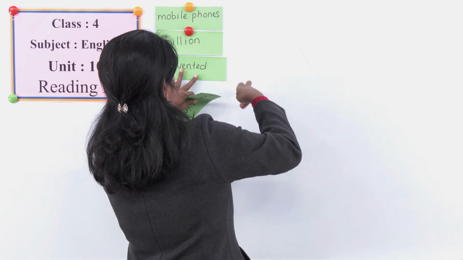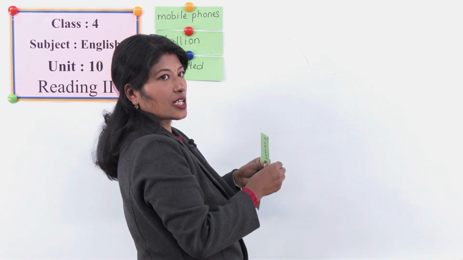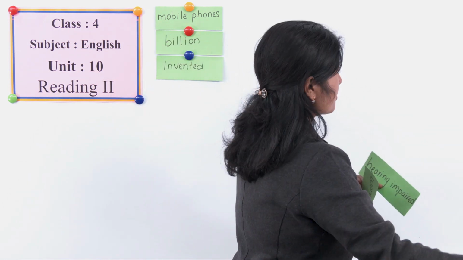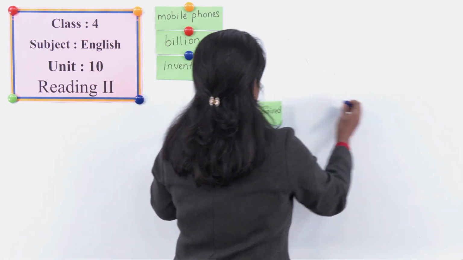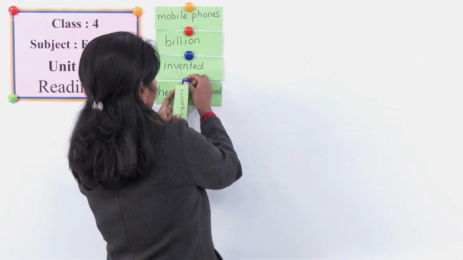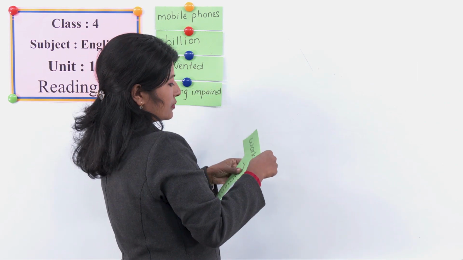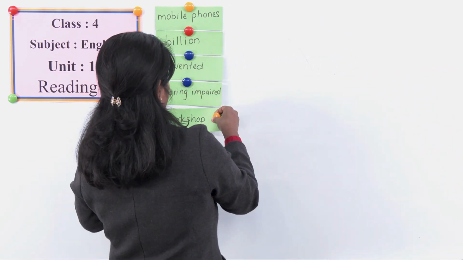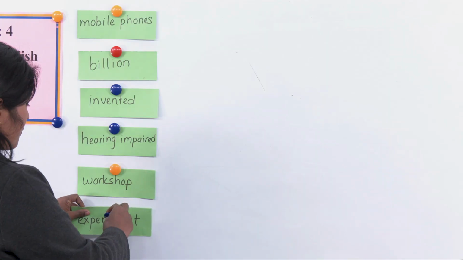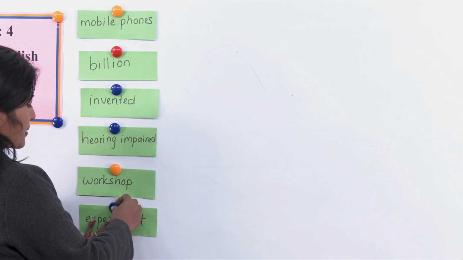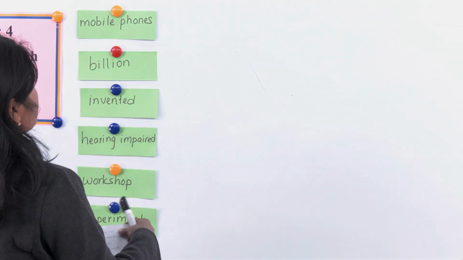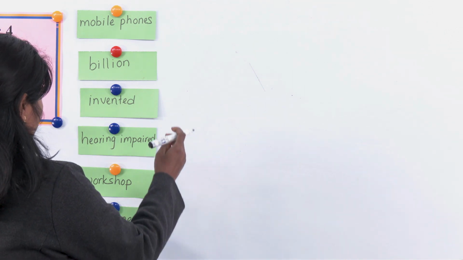And then hearing impaired. Fourth one is hearing impaired. Then there is workshop. After that, the final word is experiment. Now let's use these words into sentences.